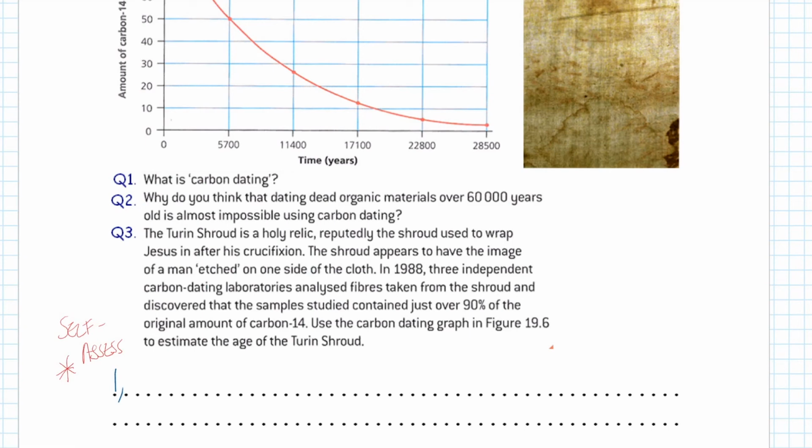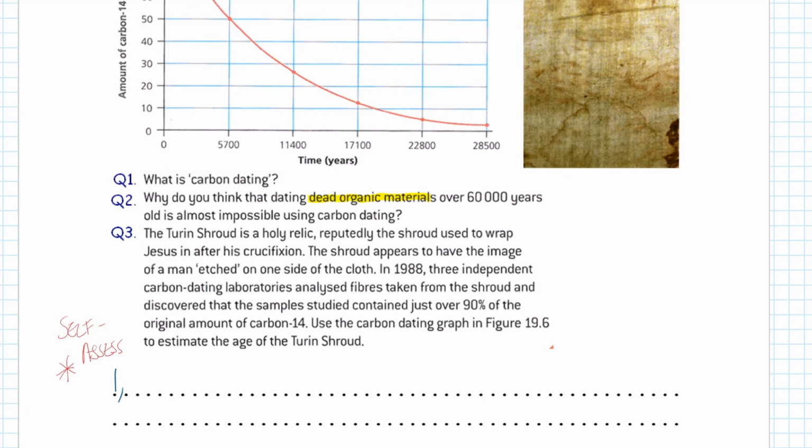What is carbon dating? Carbon dating is a method of measuring how old something is, dead organic material, so something that was living. So carbon dating is measuring how old dead organic materials are. Question 2.